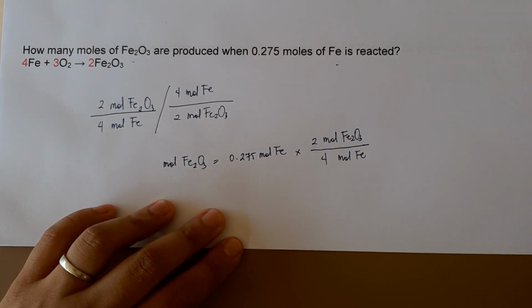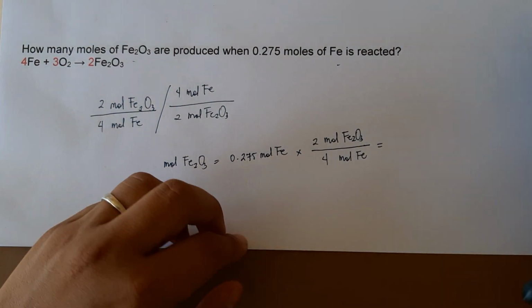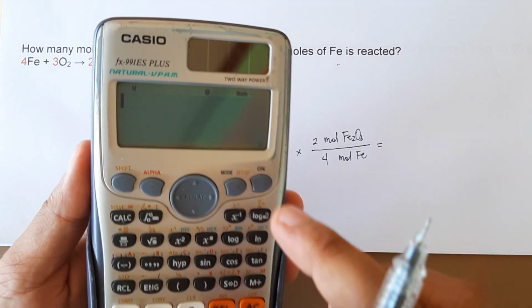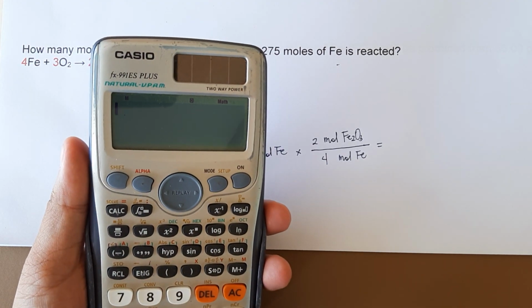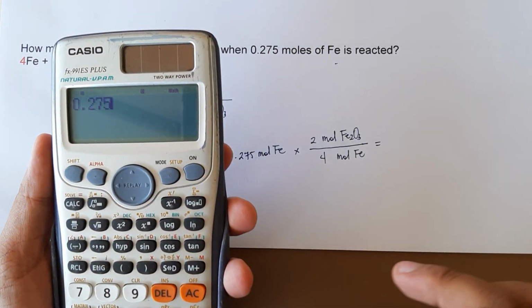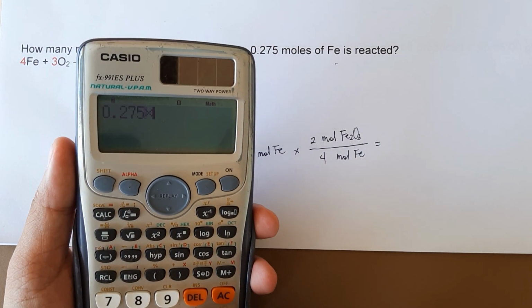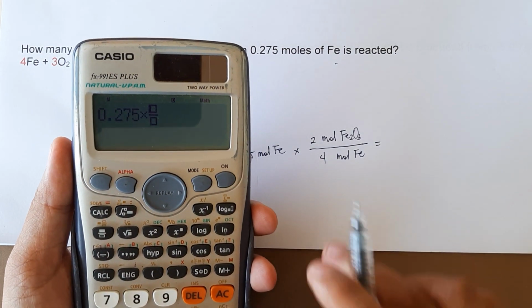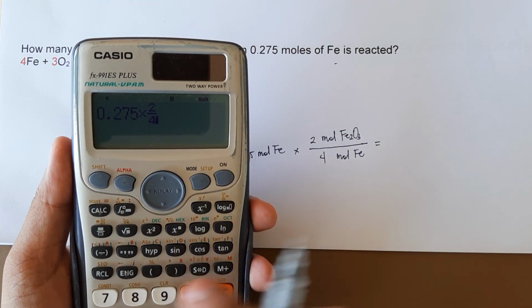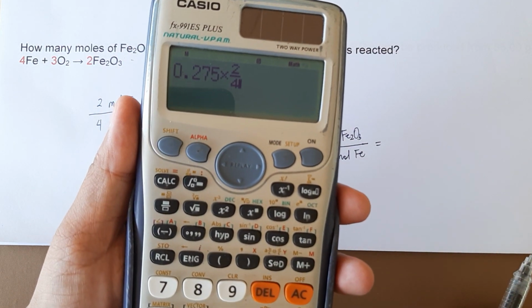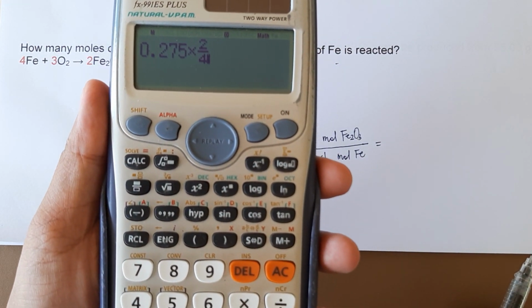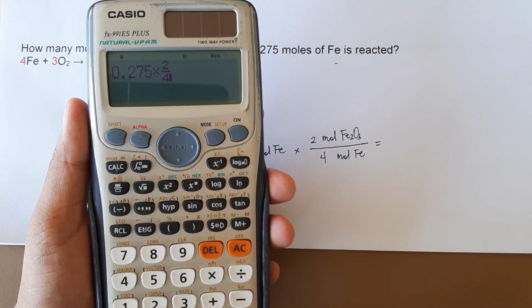So let us try to solve. So we have 0.275 moles of iron times 2 over 4. So yan, kung nakikita po ninyo yung ating calculator, pwedeng ganyan na yung gawin ninyo, then equals.